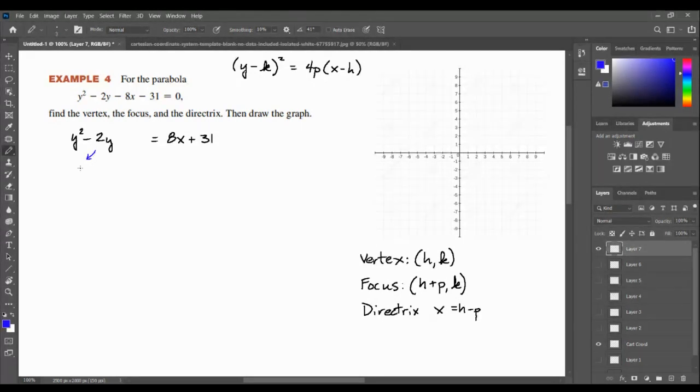So again, completing the square, take that middle term divided by 2, square that result, and add it in. Anything I do to the left, I need to do to the right. Now I've got a perfect square trinomial, which will factor into the variable and then the middle term divided by 2, squared. Combine some like terms. So I've got the left-hand side of the equation.